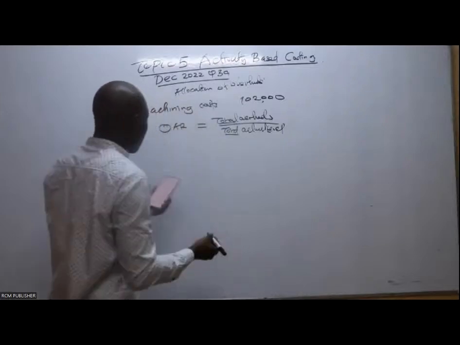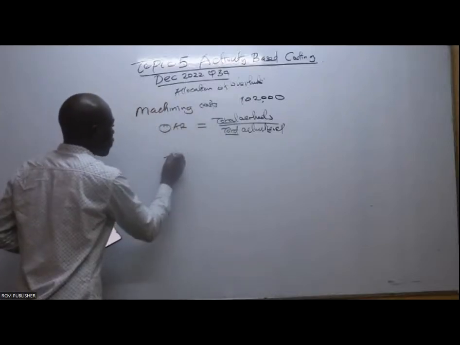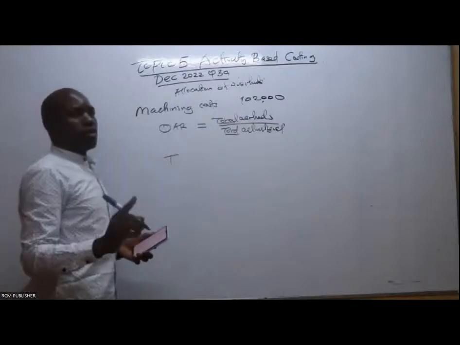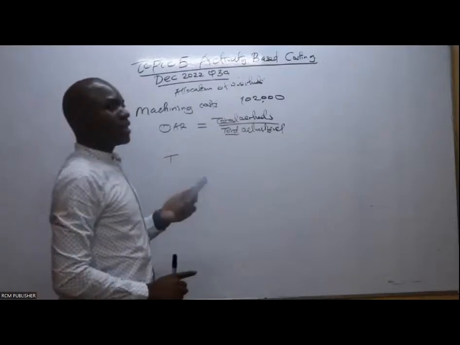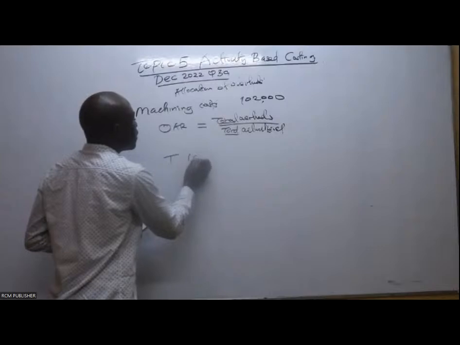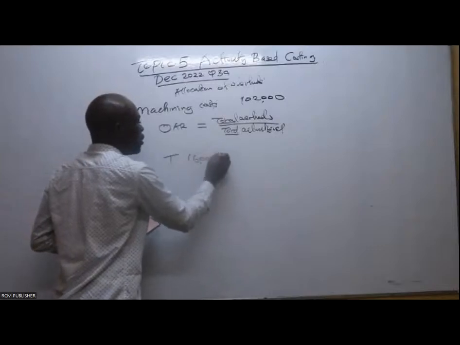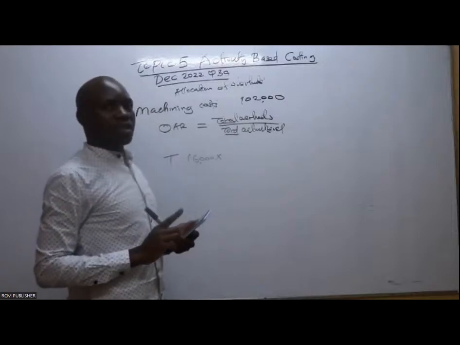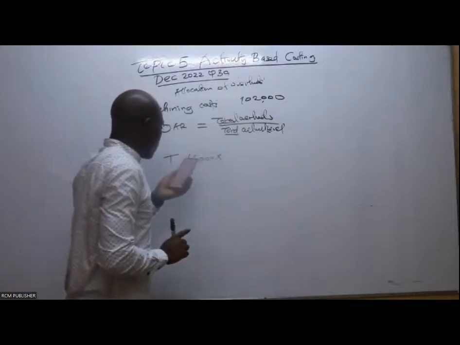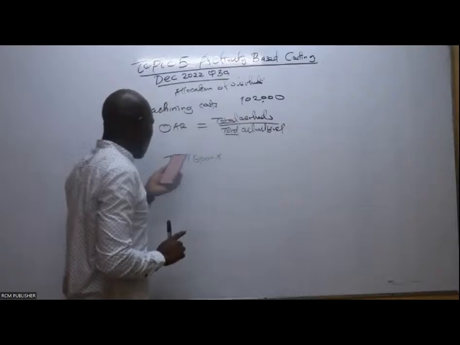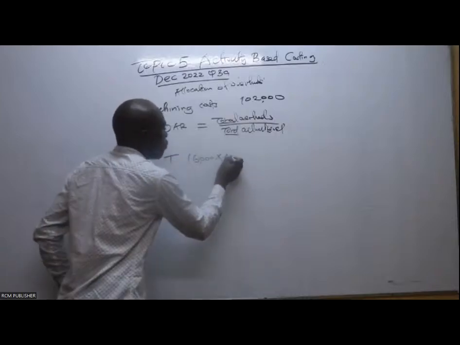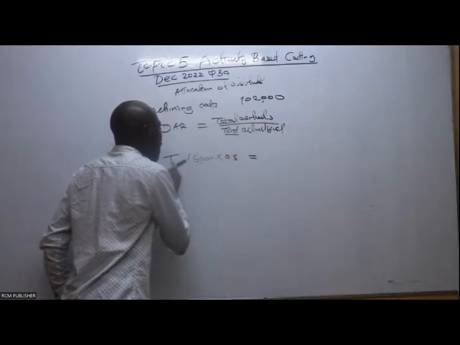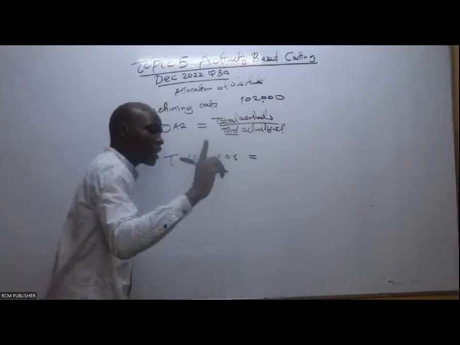Let's go to the first product, T. How many units of T were they able to produce and sell? 12,000. Machine hours required to produce 1 unit of product T. We are told there is half an hour, 0.5. So what is the total hours taken to produce product T?